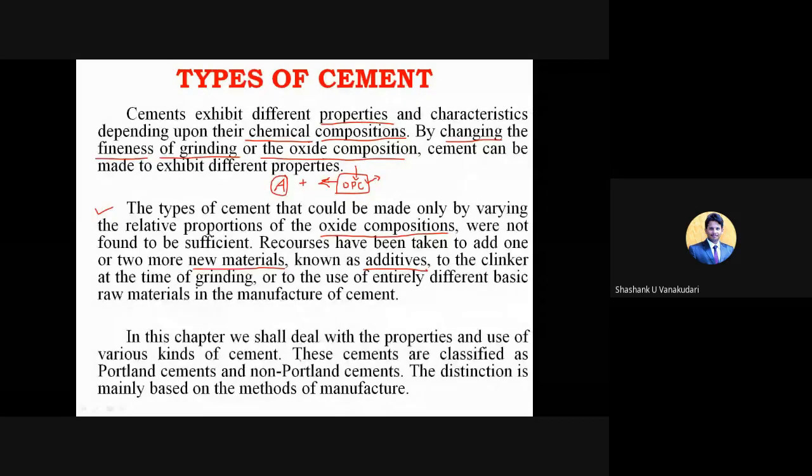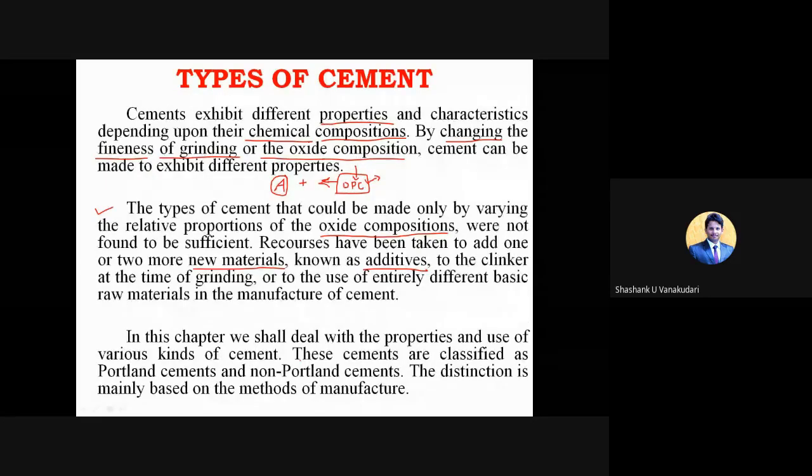In Portland cement, what you have seen is that you take the raw materials, grind them, add the water, and then send that to the rotary kiln, where you provide around 1300 degrees Celsius to 1500 degrees Celsius, and then you bring it down to the clinker, and add the other additives like gypsum and all.